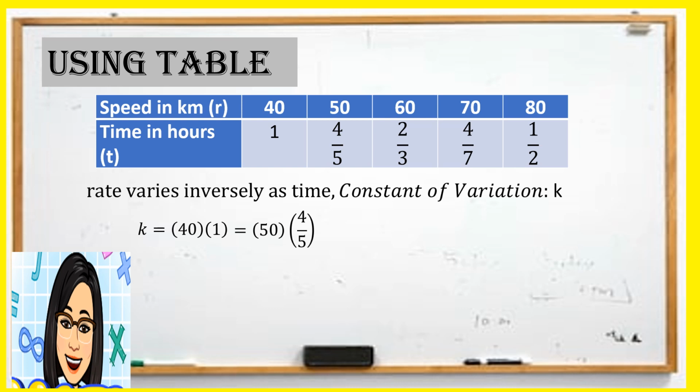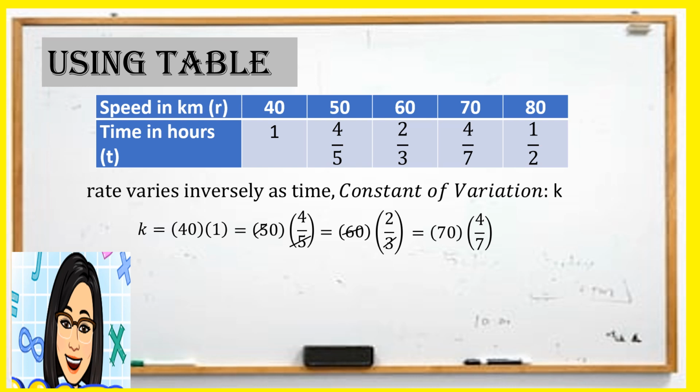50 times 4/5 can be solved by dividing 50 by 5, which is 10, times 4 is equal to 40 also. The same with 60 times 2/3. 60 divided by 3 is equal to 20, times 2 is equal to 40.